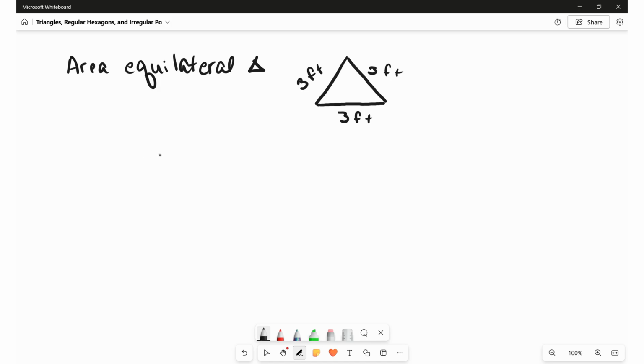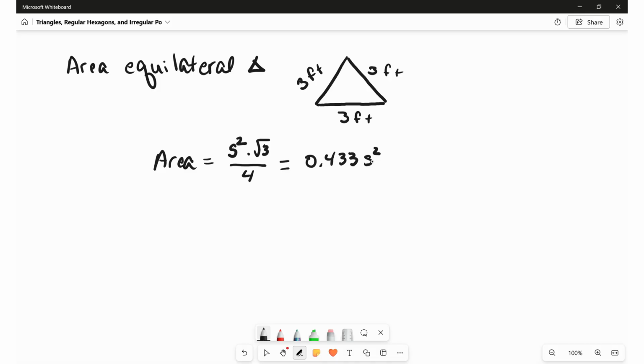So in order to find the area, we use the formula. I'm going to say S for side squared times the square root of 3 divided by 4. Or another way that we can look at this is 0.433 times side squared.